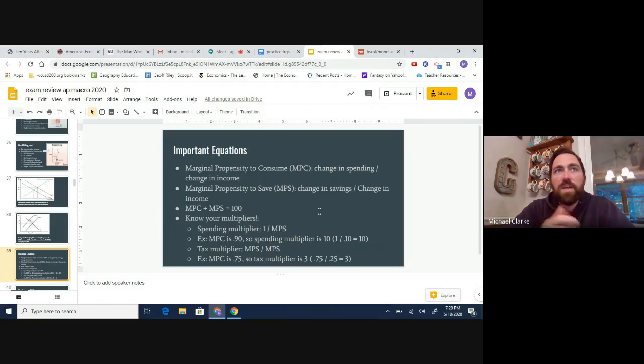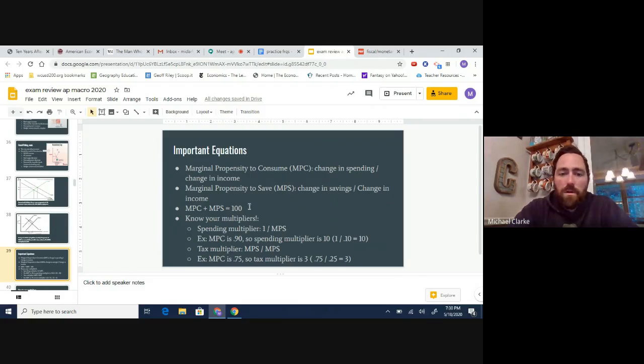So let's say of that dollar, you saved 50 cents and spent 50 cents. 0.50 divided by 1, the change in the dollar, would be 0.50. Remember, these two, MPC plus MPS, have to equal 100%. You can't do anything else with it.